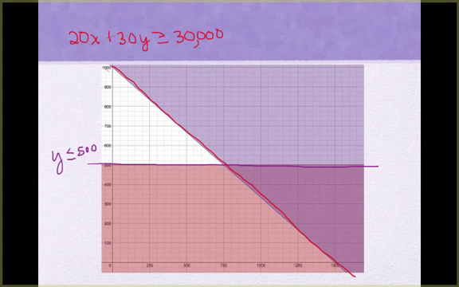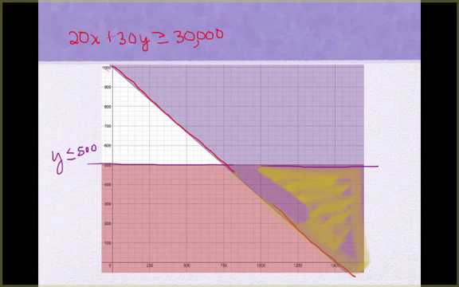You can tell that the part we're looking for is the part where they overlap, which would be this area here. Any point that falls in this area is going to be a solution to my inequalities.